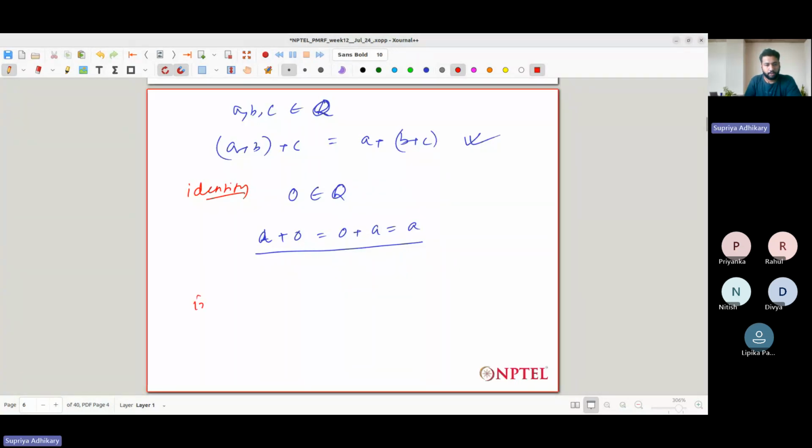And finally, we have the inverse property. So for inverse, we need to find the inverse of an element.